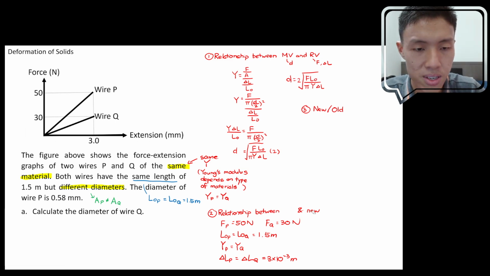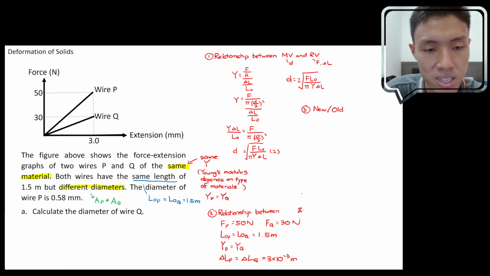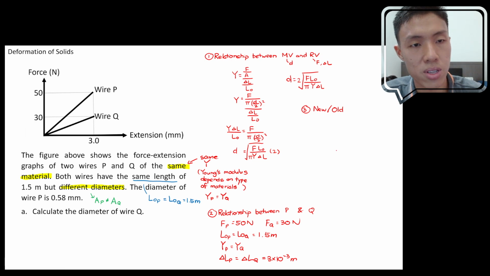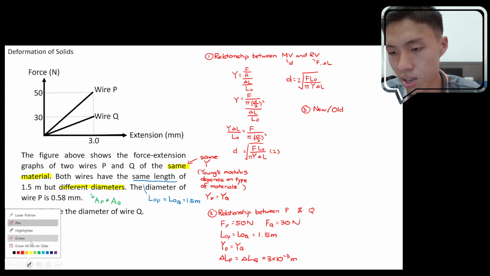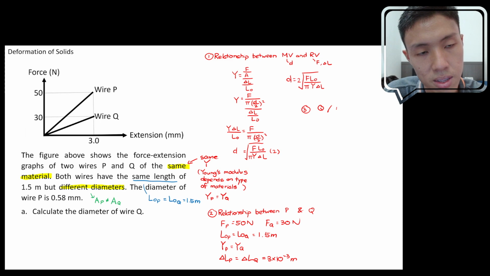What we have here is just P and Q. Okay, so let's change it. My mistake. So this is P, this is Q. Now we are not going to take P divided by Q, or new divided by old. What we are going to do is take Q divided by P. Take one situation divided by another situation.